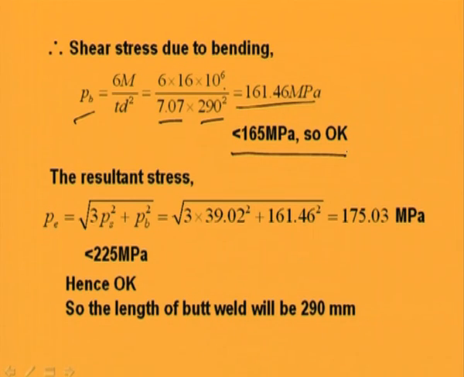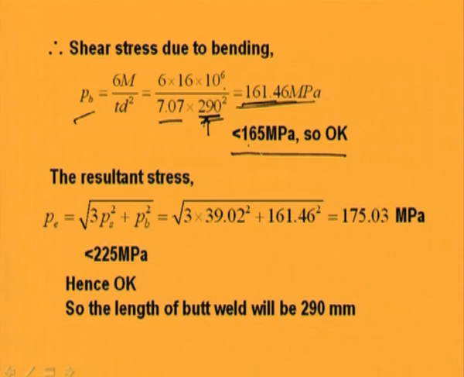Allowable bending stress is 165 MPa. It was coming around 286, and as we have increased to 290 mm, that is why the value is coming a little less than 165, because we calculated considering 165. So now it is coming 161.46 MPa, which is less than 165 MPa. So the bending stress PB is 161.46 MPa.